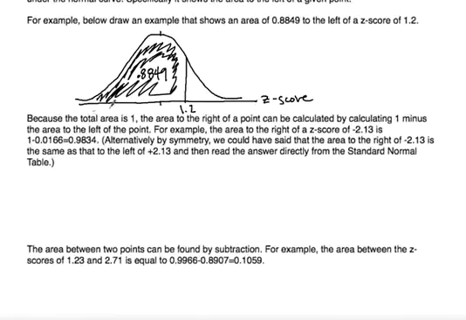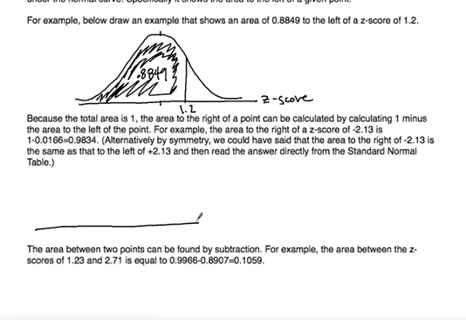Because the total area under the curve is always going to be equal to 1, we went to the left on this example, but the area to the right can be calculated by 1 minus the area to the left. For example, the area to the right of a z-score of negative 2.13.